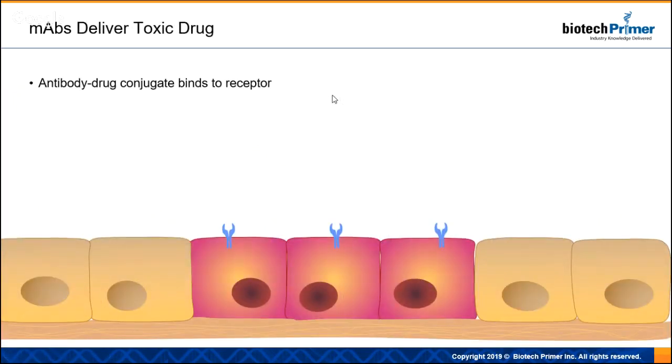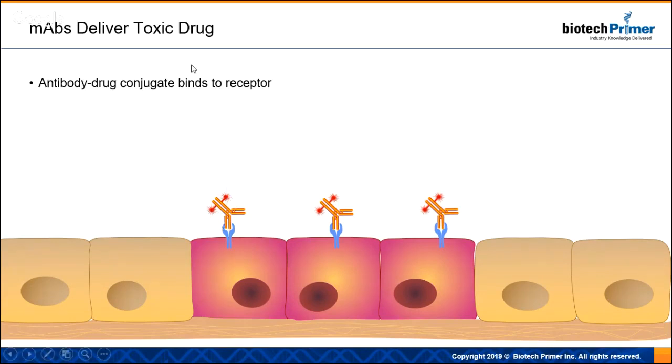An exciting innovation that has occurred in the past few years is using antibodies to deliver toxic drugs. These are what we refer to as antibody drug conjugates, sometimes just called ADC. What this means is we're going to take an antibody that has a specificity for a particular receptor and attach a highly toxic drug to the end of that antibody.